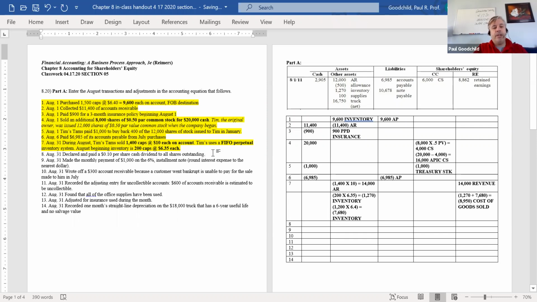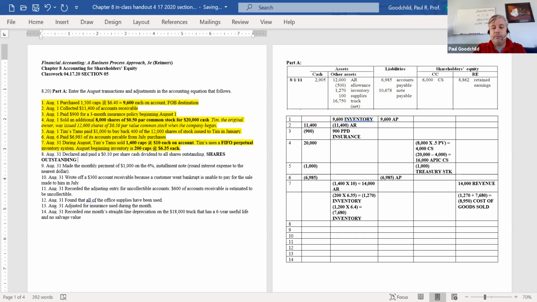So I'm going to make the calculation up here, and we had shares outstanding: the 12,000 first issue plus 8,000 August 1 minus the 400 treasury, and that was on August 1.